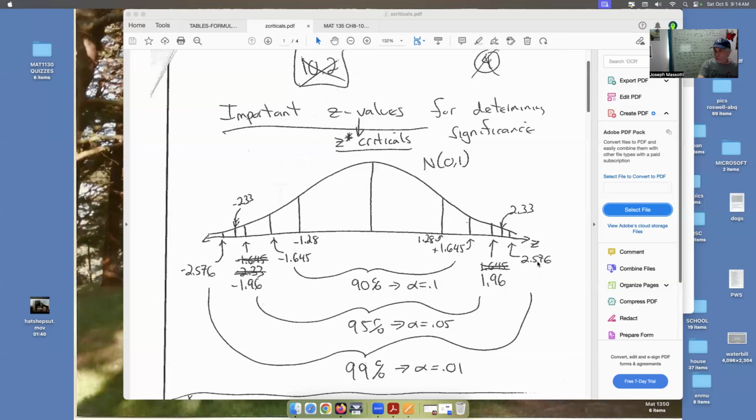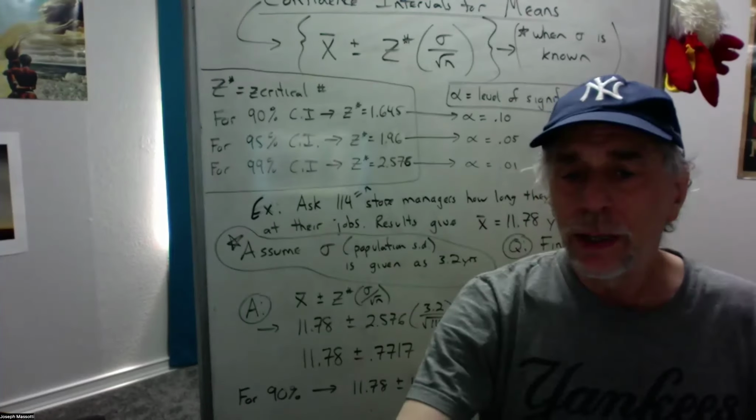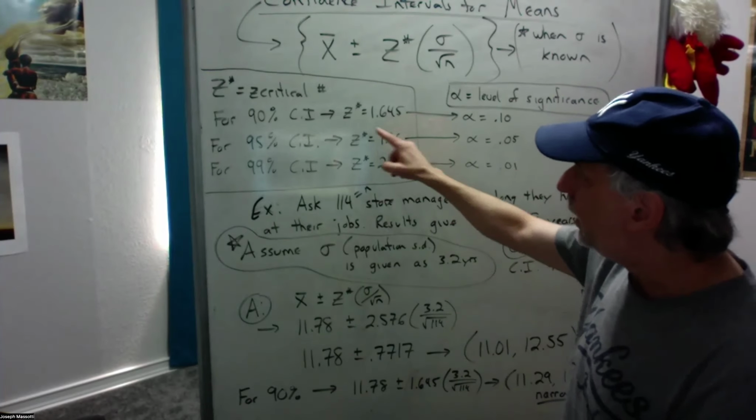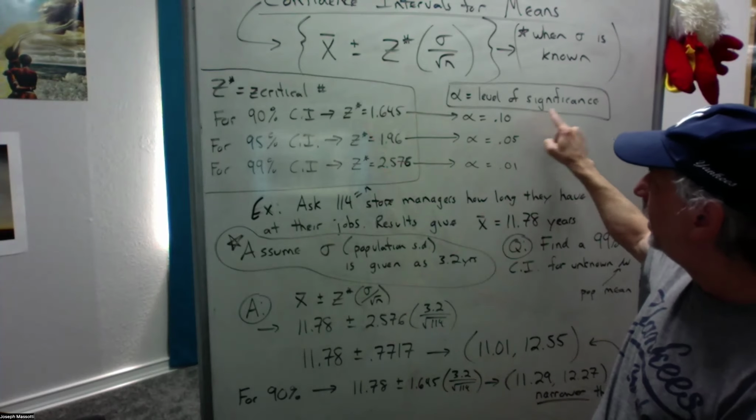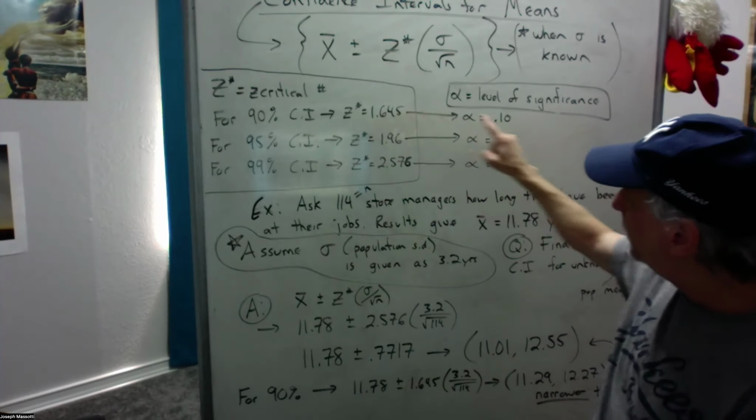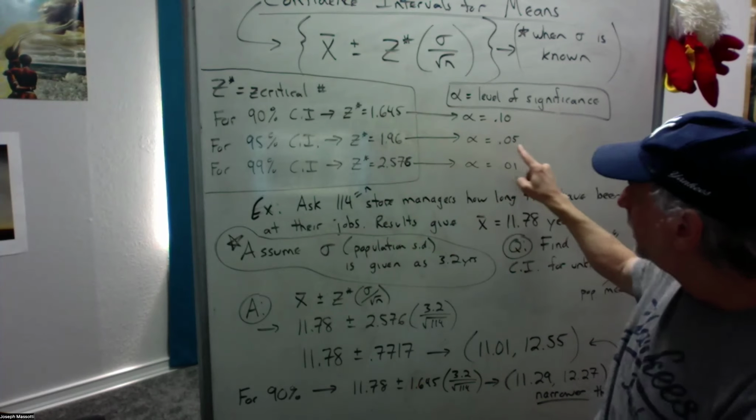But I'm going to use 2.576 and negative 2.576. Notice that cuts off the middle 99% of the distribution. So that's where those Z critical values come from. Okay, so 90%, 95%, 99% associated with alpha levels of significance, 90% 0.1, 95% 0.05.